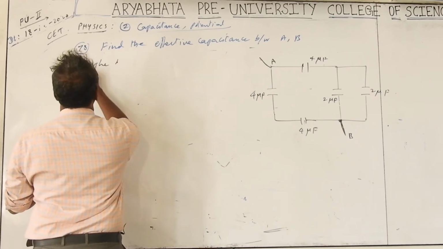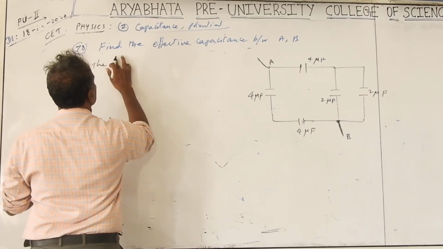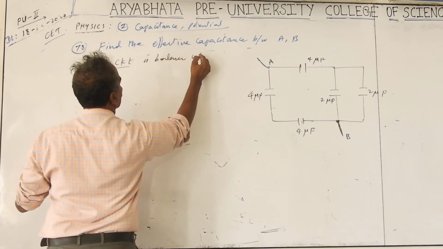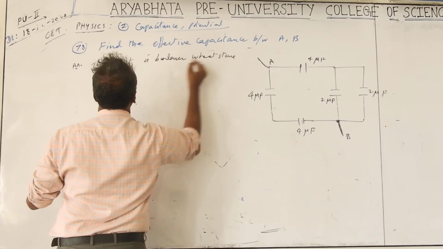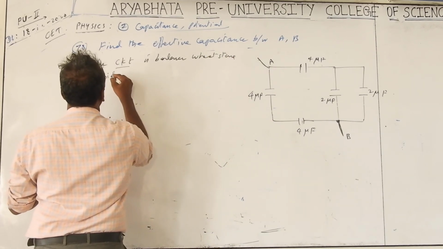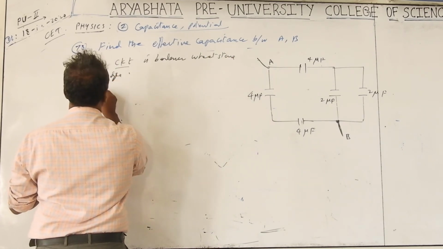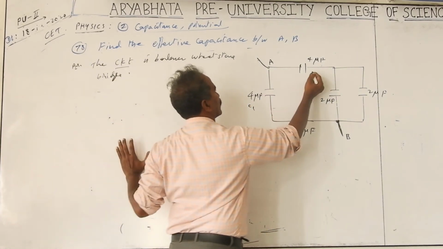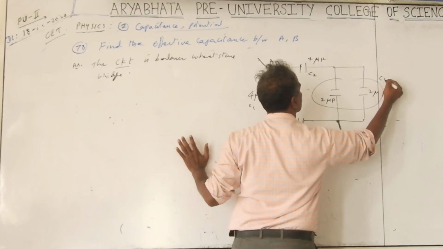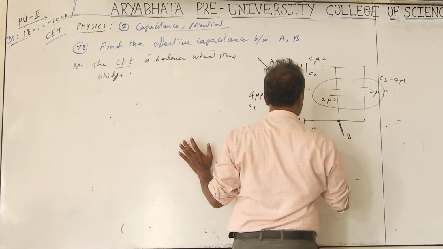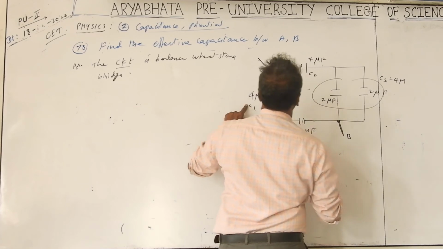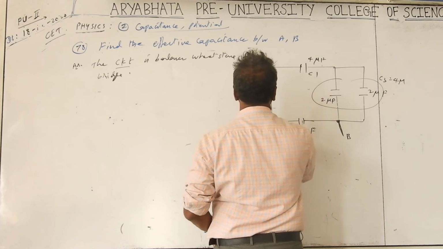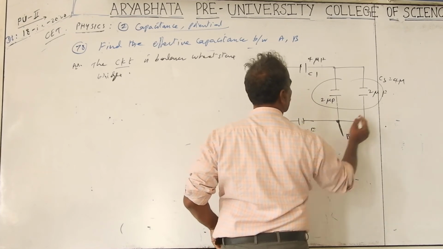The answer is that the circuit is balanced, a Wheatstone bridge. The resultant, all equal values. This is C1, C2 together. This C3 is also 4 microfarads. And there are C1, C2, C3 and C4.